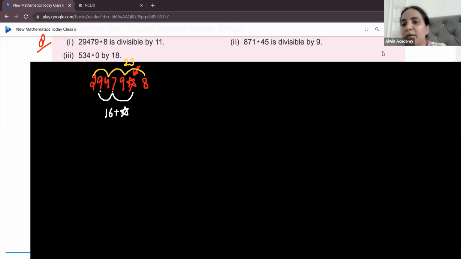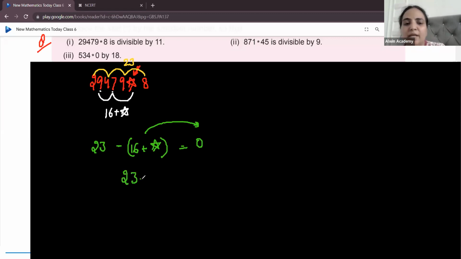To make this number divisible by 11, their difference should be 0. So now I'll subtract: 23 minus (16 plus star) should be 0, right? So I'll transpose this entire thing, 16 plus star there and 0 here.